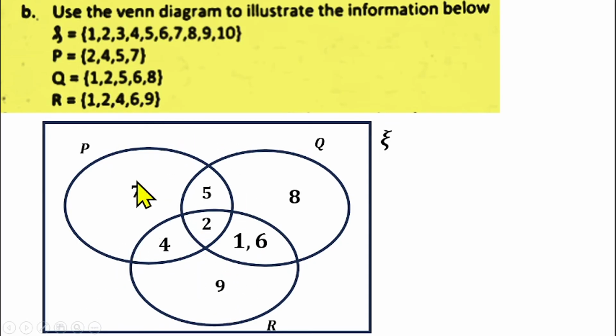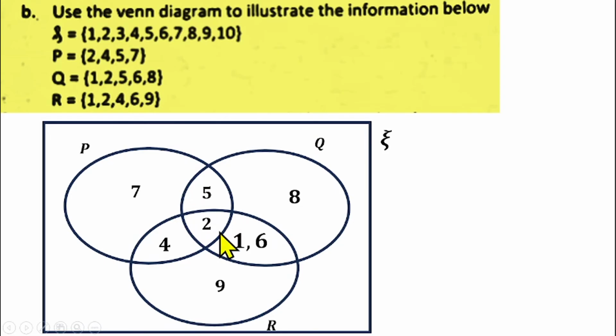So now we are not done. We have done with set P, Q, and R, but we are not done with the universal set. All these elements here are inside the universal set. But if you look at the elements in the universal set, we have 1 to 10. So there are some elements in the universal set that are not yet in P, Q, and R. So those elements will be inside this box but outside the circles.